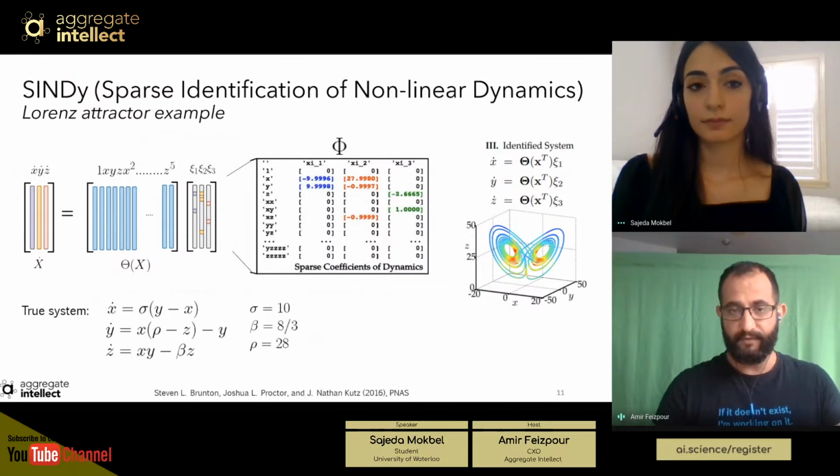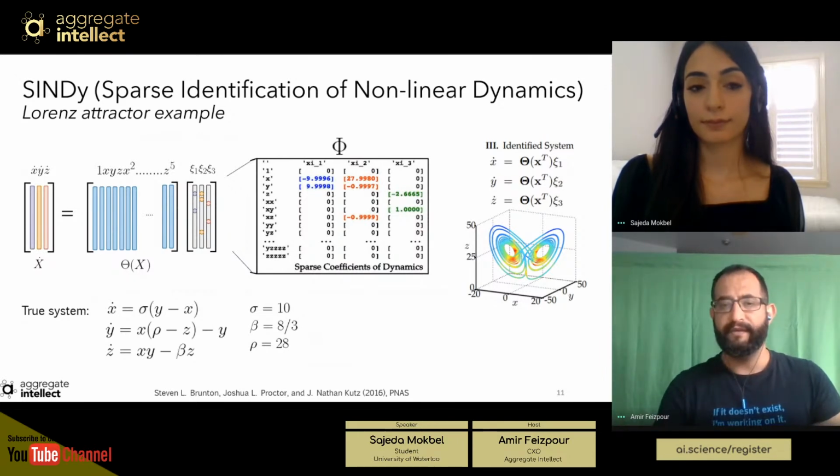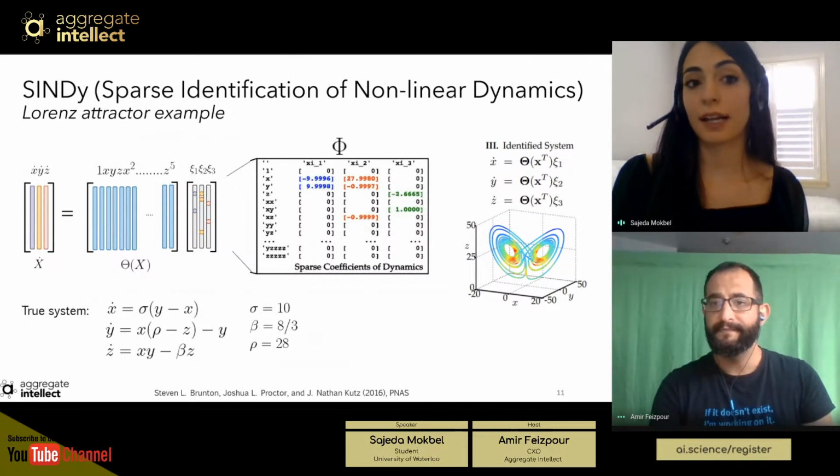And that's what they're using to get to this sparse representation of the dynamic space without even knowing what the equations of motion are. Is that what's happening there? Yeah, that's exactly what's happening.